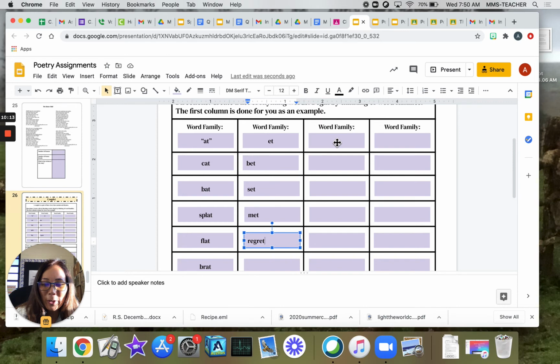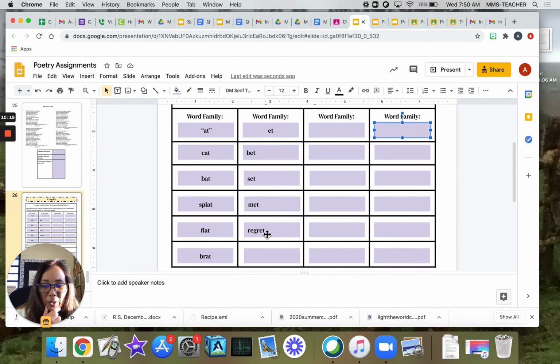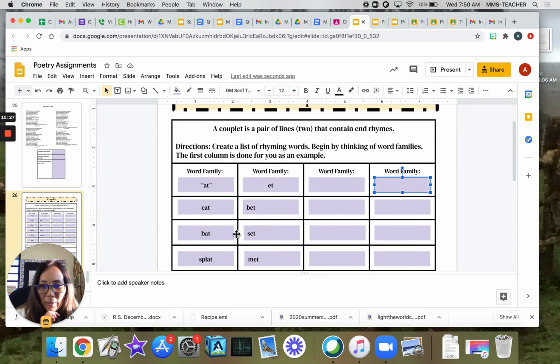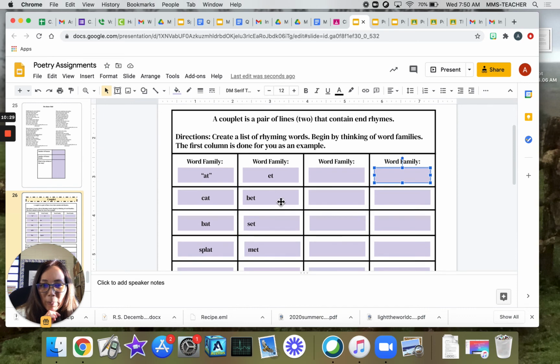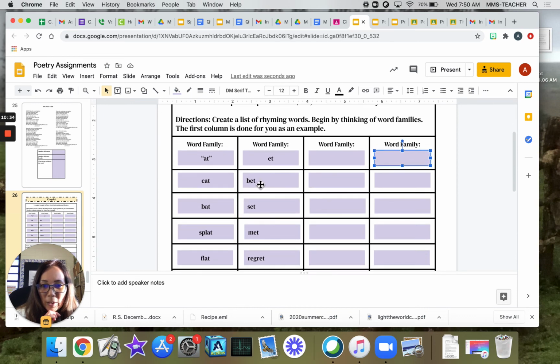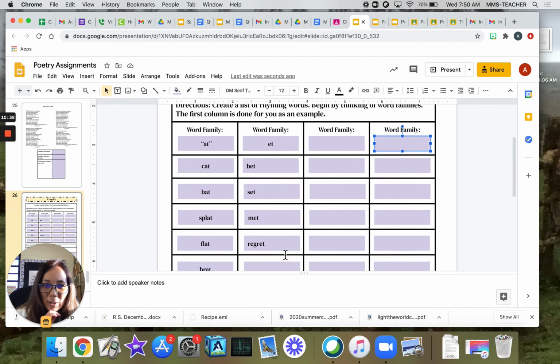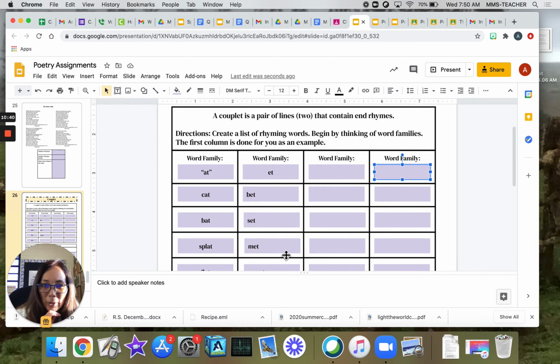So come up with other word families here, and below think of words that would rhyme. Now you might also want to check out the internet site Rhyme Zone, and you can type in any word family and you would get a listing of tons and tons of words that rhyme with that word family.